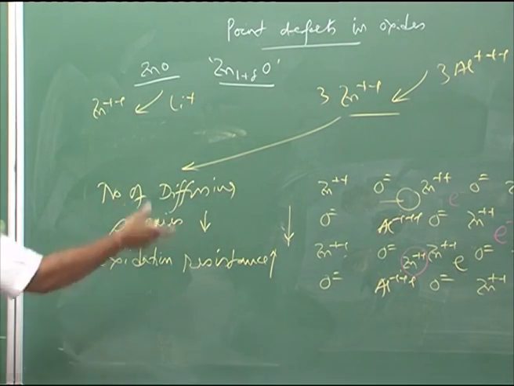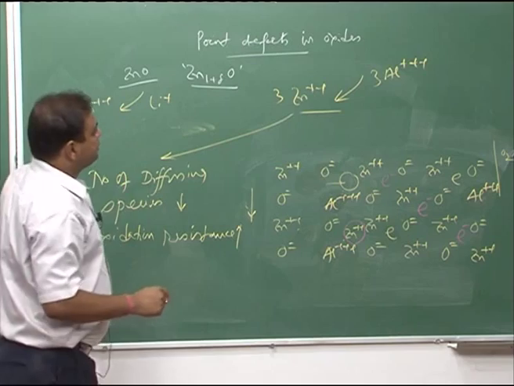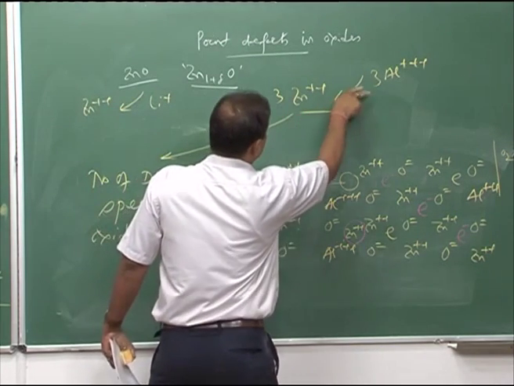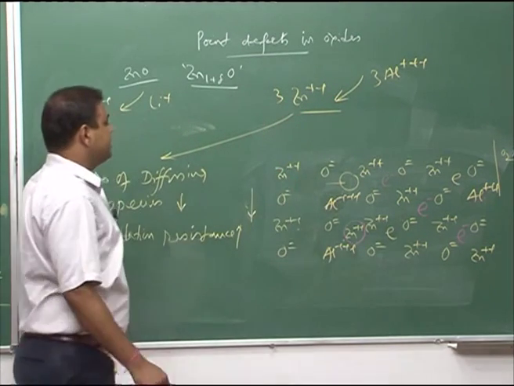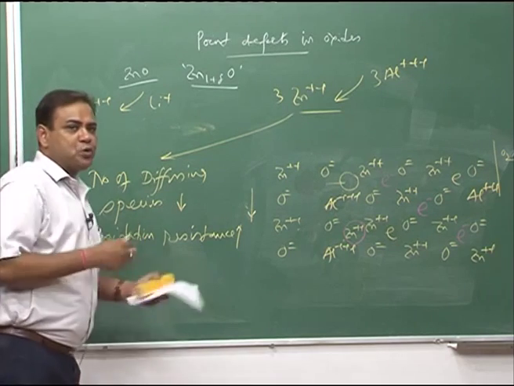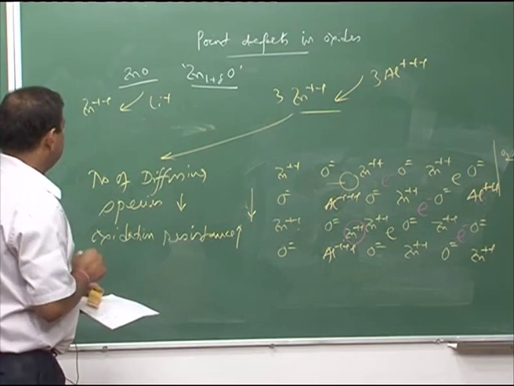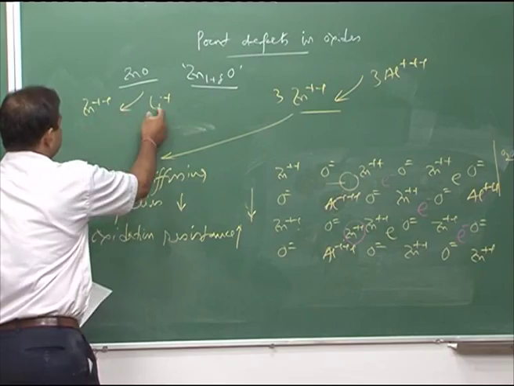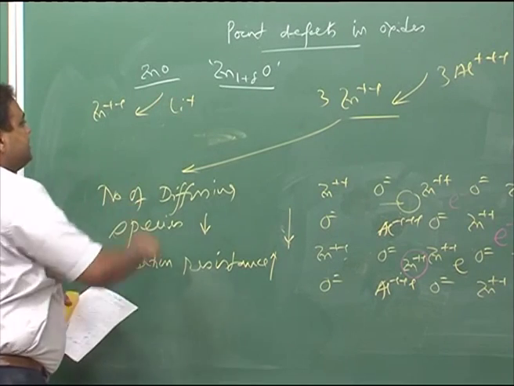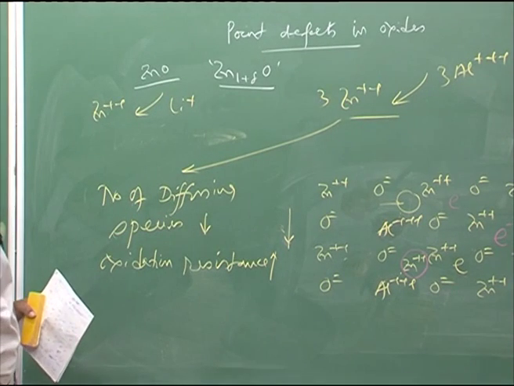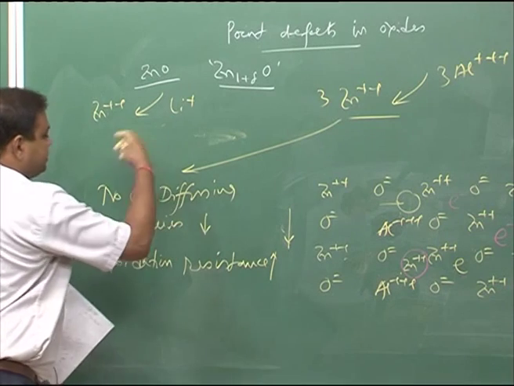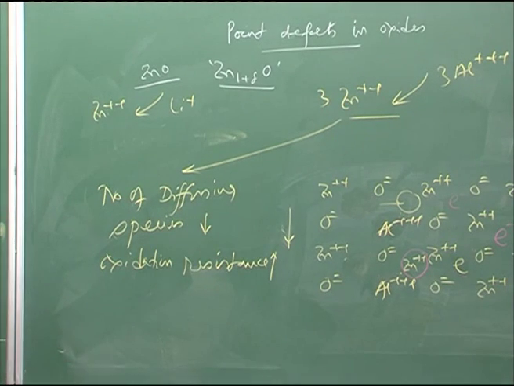So, if we dope zinc oxide with aluminum, then there is an improvement in oxidation resistance. But if we dope zinc oxide with lithium plus, then the oxidation resistance will go down.